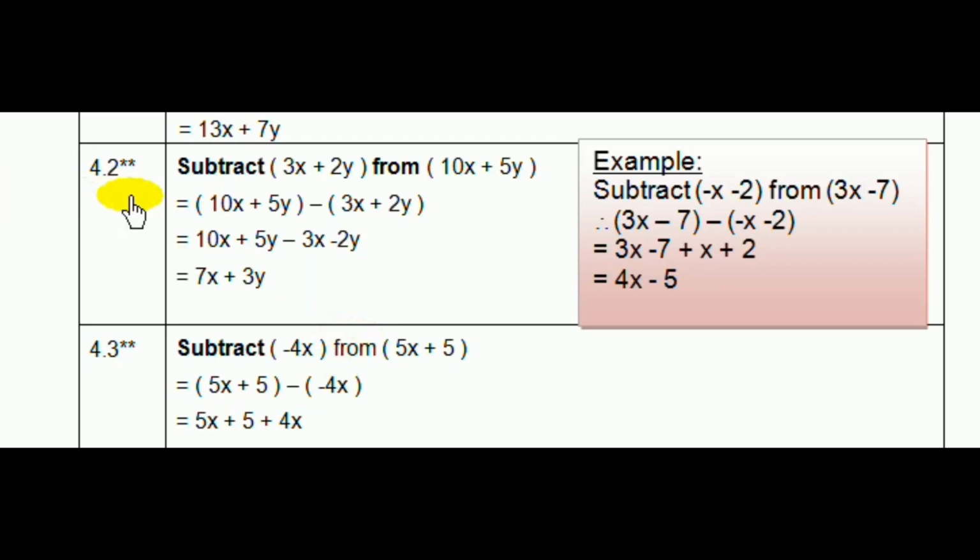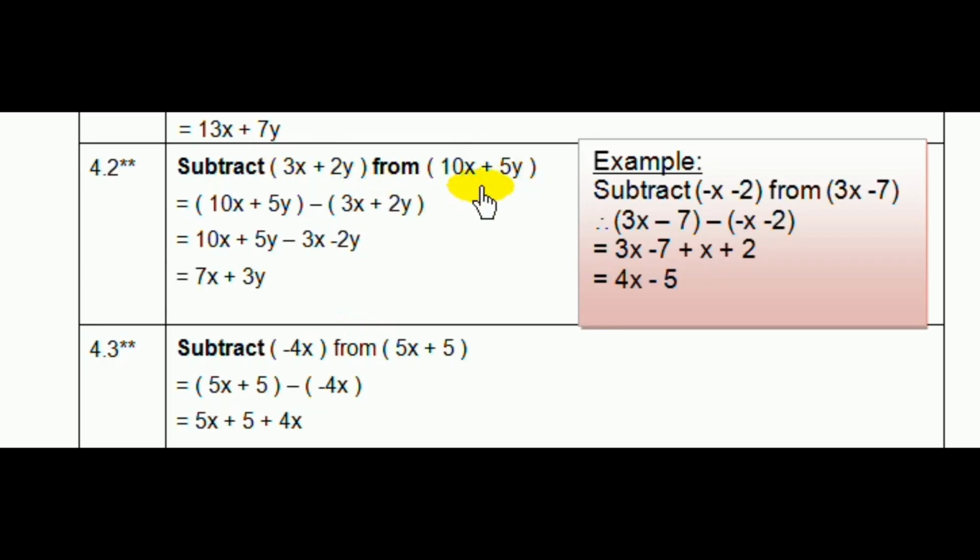4.2 now. Subtract a bracket from another bracket. Read it carefully. You have to subtract something from the end one, and the end one is what you've got to start with. So subtract this from that.